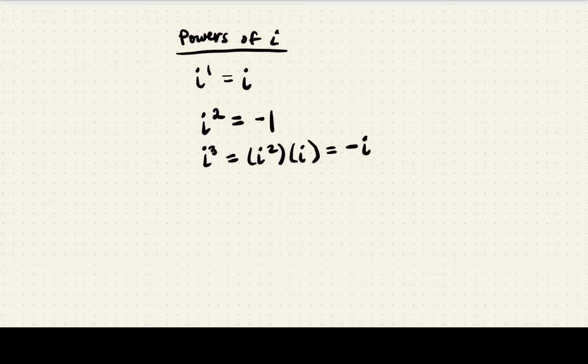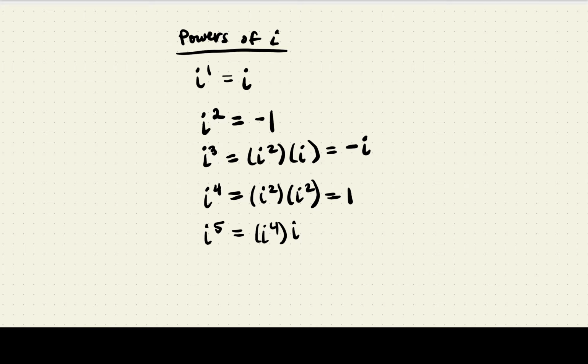So really I have -1 times i, negative i. And i to the fourth, you could think about it as i cubed times i, or as i squared times i squared. Each of these is negative 1. So negative 1 times negative 1 is 1. The last one I'm going to do is i to the fifth. That's going to be i to the fourth times i.